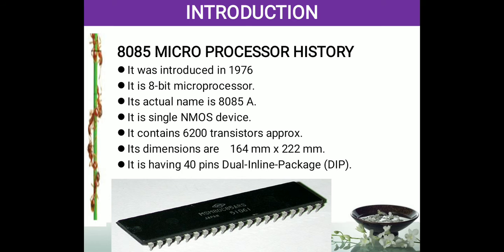Okay, next thing, it is having 40 pins. 40 pins means here you can see the pins on the side. On one side there are 20 pins, on the other side there are 20 pins. Each and every pin has a specific operation or specific task to do. Some of the pins are read pins, we can give input, and on some of the pins the processor will give the output, like that. We will see each and everything in the pin configuration.